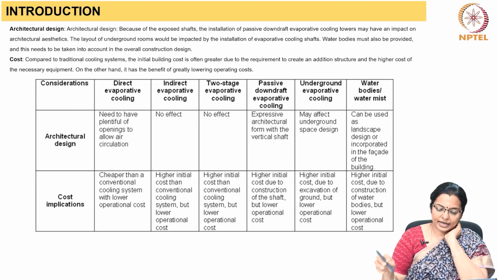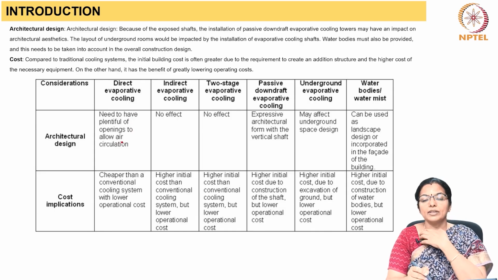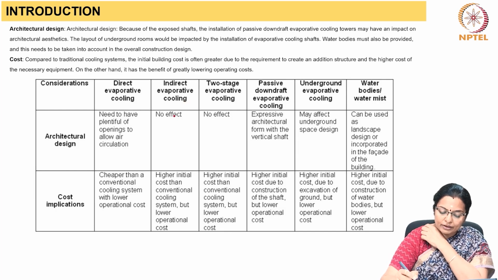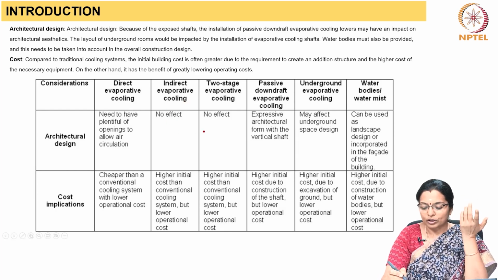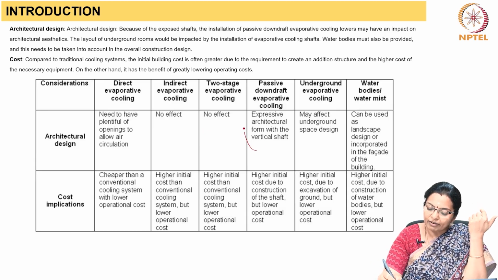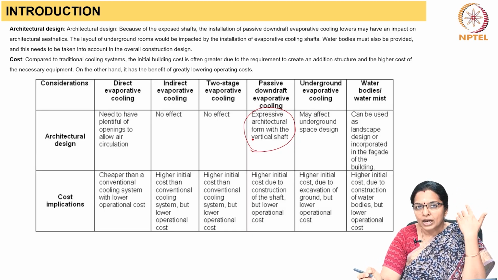If we look at direct evaporative cooling, then in terms of architectural design, we need to have lots of openings to allow air circulation. In indirect evaporative cooling, there is no effect on the architectural design. Whereas in passive downdraft evaporative cooling, an expressive architectural form with a vertical shaft can be prominently seen, which we will also see in our case studies.